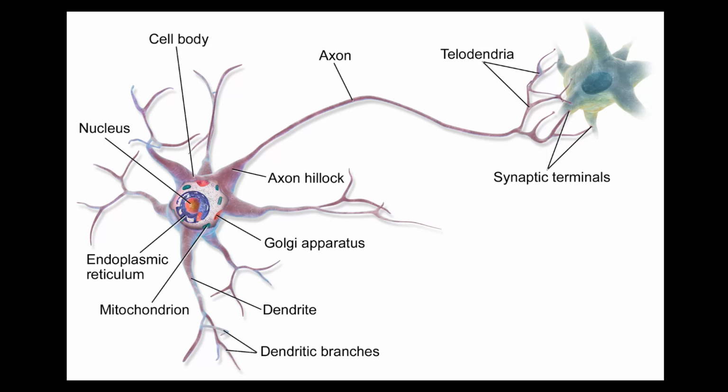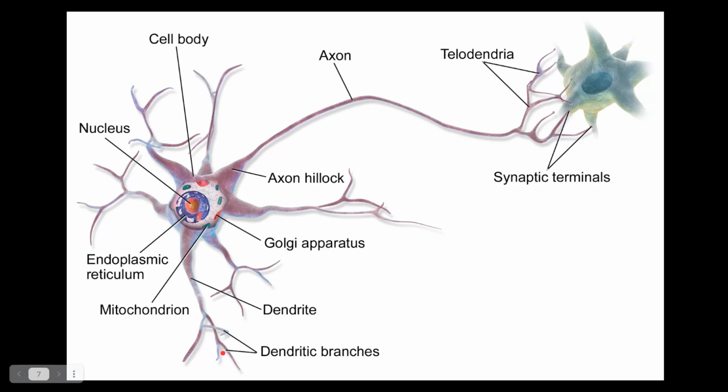So if we take a look at a neuron, it looks something like this. Notice it has all these long attachments coming off of it. There are two main kinds of attachments. One is called a dendrite, which is basically a wire-like thing that receives information.